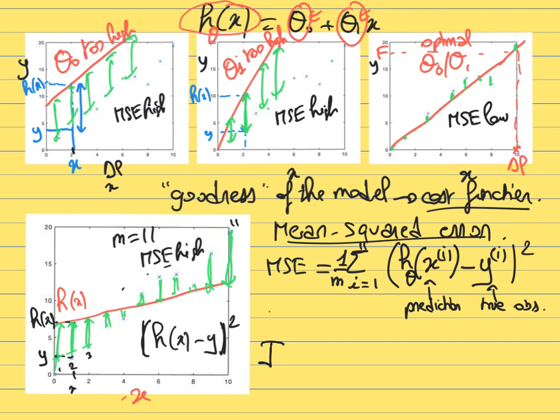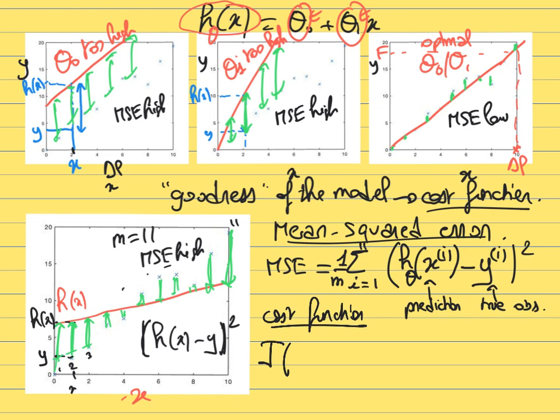So we are going to define the cost function as the quantity j. The cost function tells you how good your model is. So it tells you how good the parameters theta 1 and theta naught are.